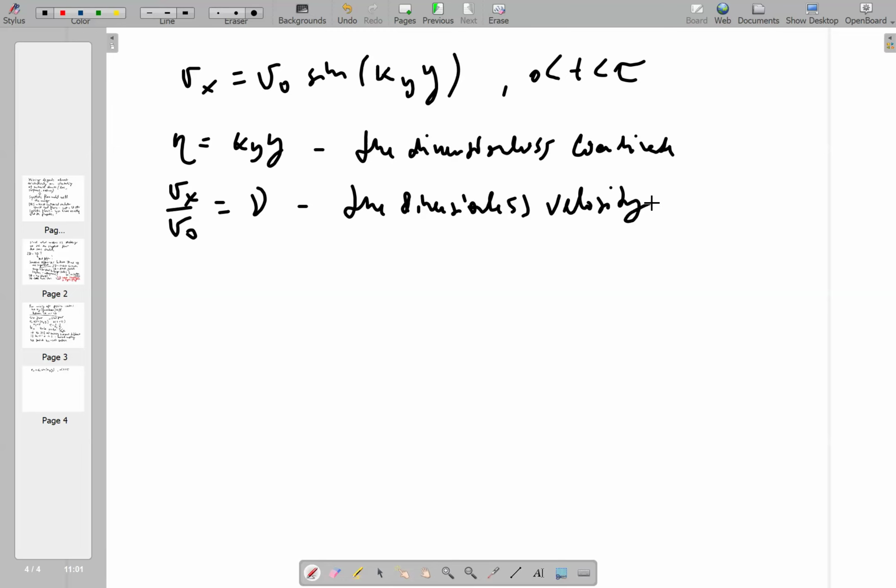So we have now eta dot equals sin eta. Sorry, I still need to introduce psi because it's the x coordinate. X is psi. Psi equals ky times x; we use the same rescaling factor.